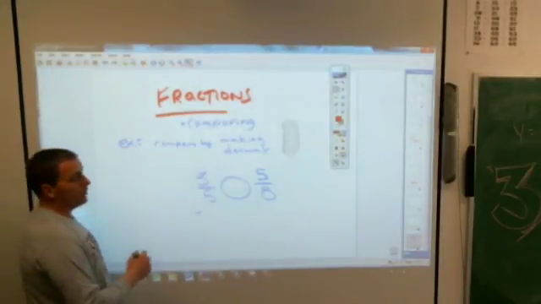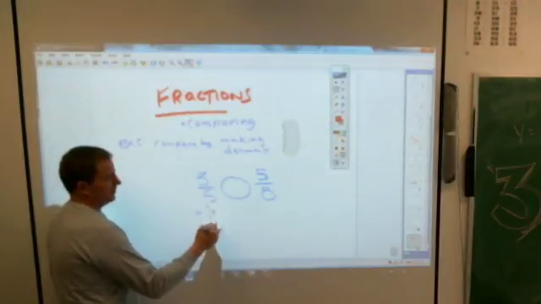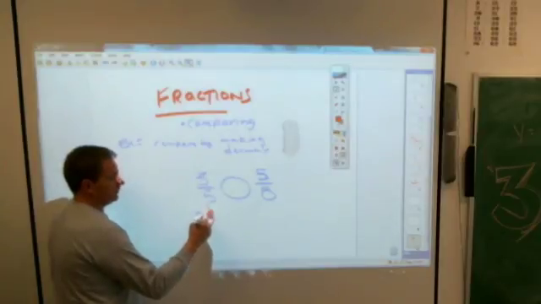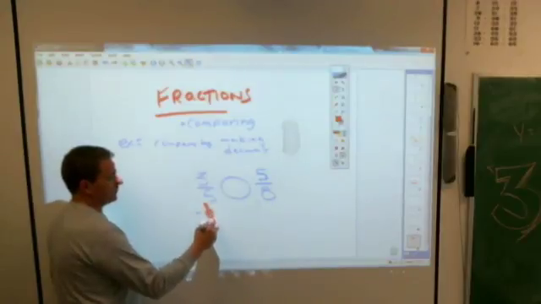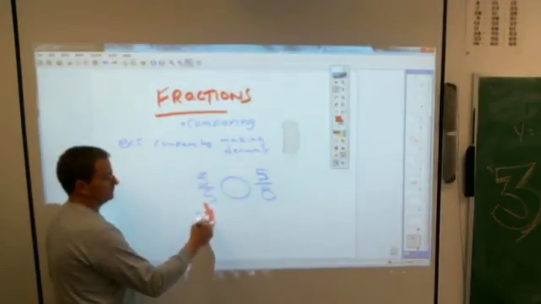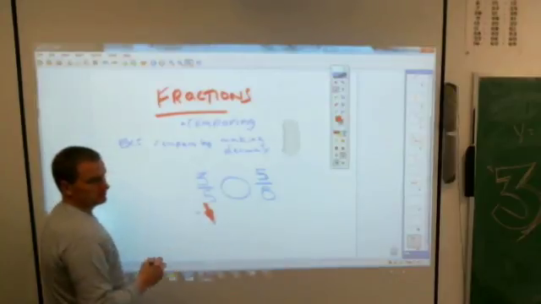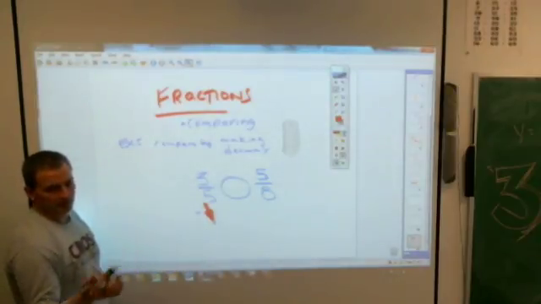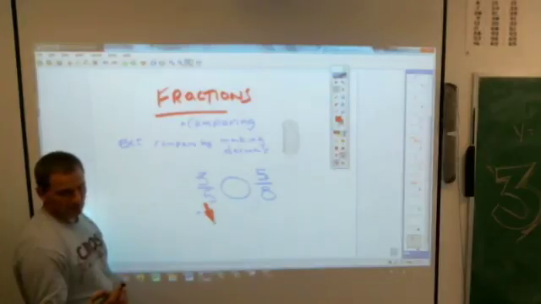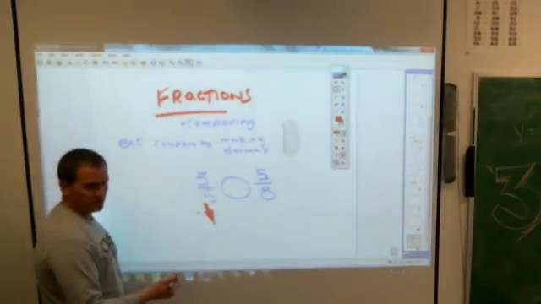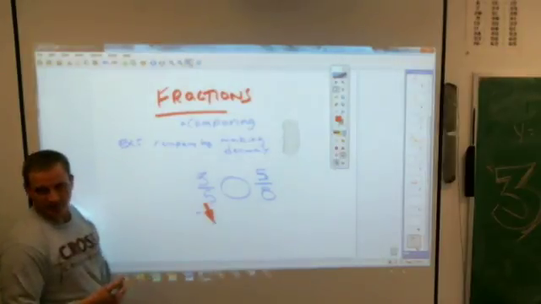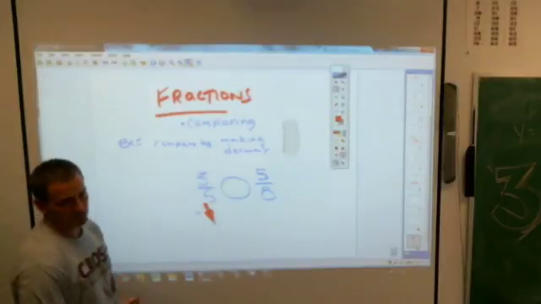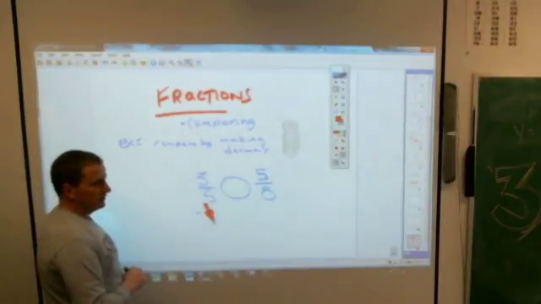Now you may or may not know how to change these to decimals. For example, 3/5. How would I change that to a decimal? I would look at my little fraction circles, because 1/5 is what decimal? I would look at my fraction circles under fifths and say 1/5 is 20%.